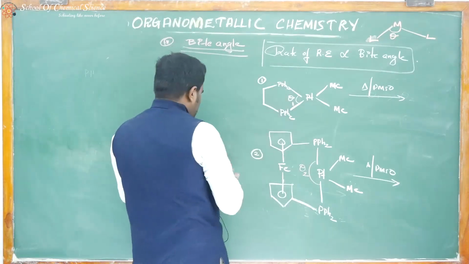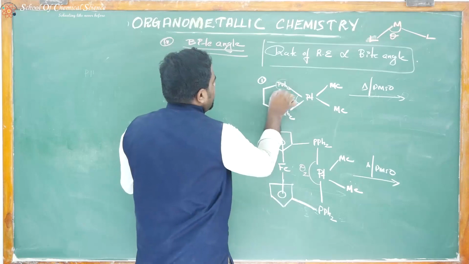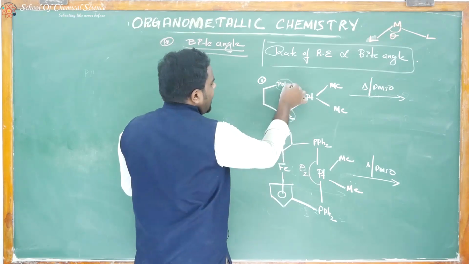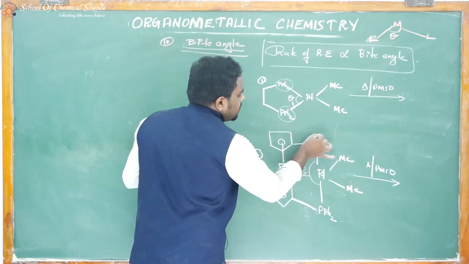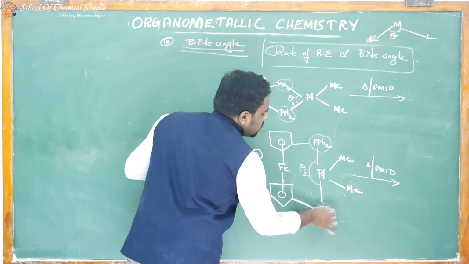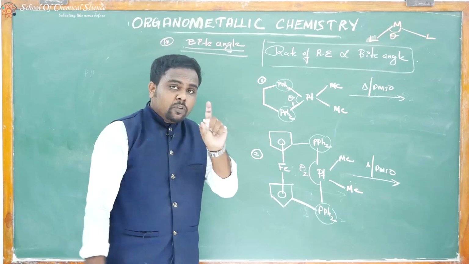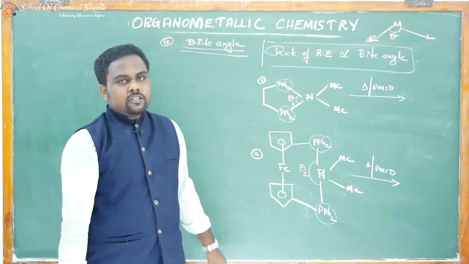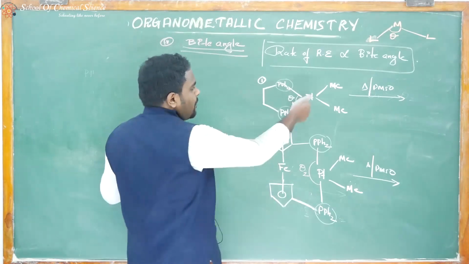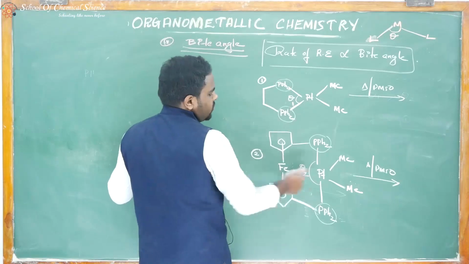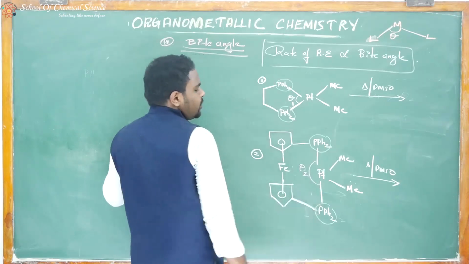Here also two PPh2 ligands are there, with PPh2 angle theta. Here also PPh2 angle theta. Then my question: theta 1 or theta 2, which one will be larger? Once again repeating, platinum is connected to PPh2.